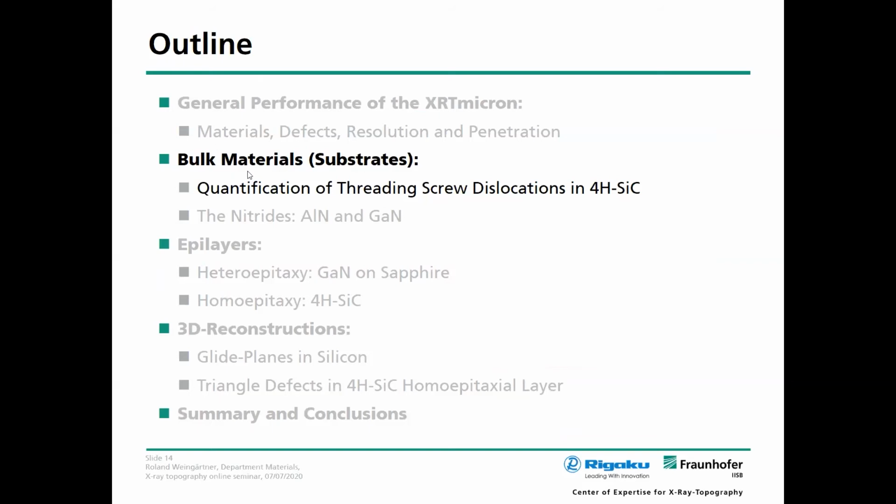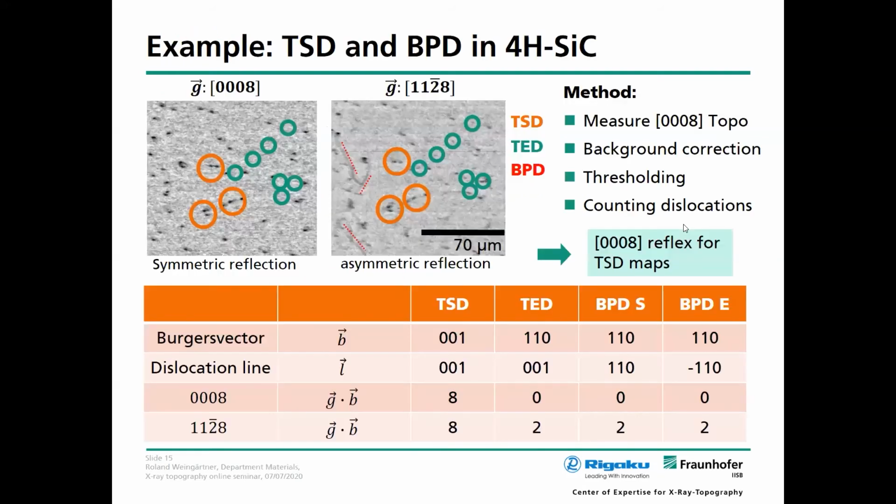So for the bulk materials, I would like to discuss now the quantification of threading screw dislocations in 4H silicon carbide as a concrete example. First of all, if I want to measure threading screw dislocations, I have to decide what kind of reflex should be chosen. Here I have made a measurement of silicon carbide with the 008 reflex and with the 11-28 reflex, at the same position.